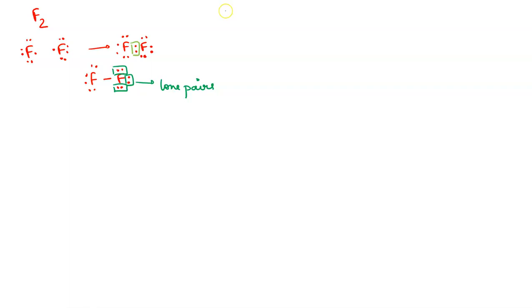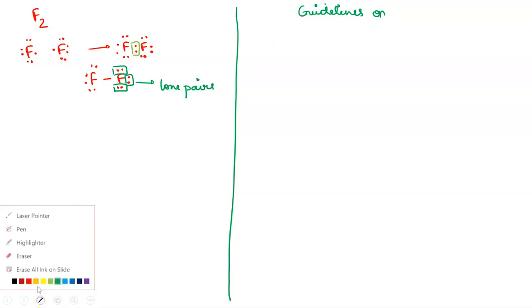Okay, and what I'm going to do here on the side is to actually write down some guidelines on how to build Lewis structures. Kind of like a step-by-step thing where I can guide you: do this step first, do that step next, that type of thing. Okay, so guidelines for writing Lewis structures.